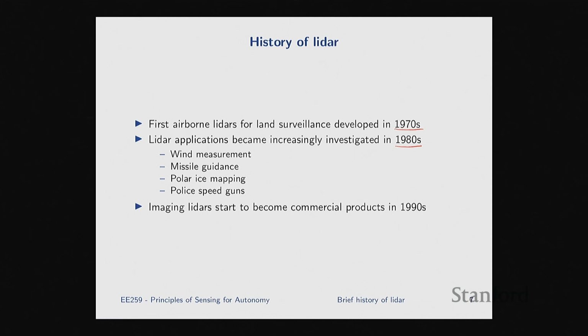And then it was a little later, in the 70s and the 80s, that more applications of these still rangefinders, but you can think of them as early lidars, started becoming common. Wind measurement, missile guidance in the military, mapping of the polar ice caps, for instance, and police speed guns were using short pulses of laser and the early LiDAR concepts.